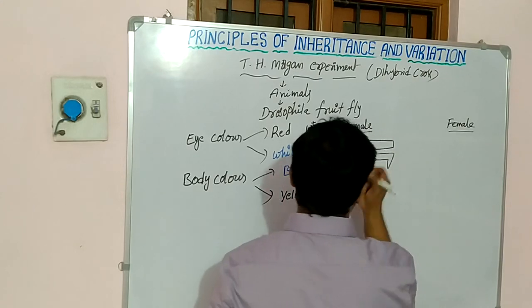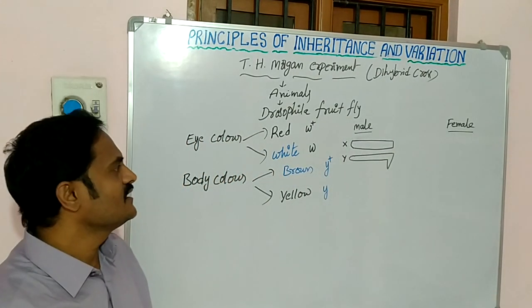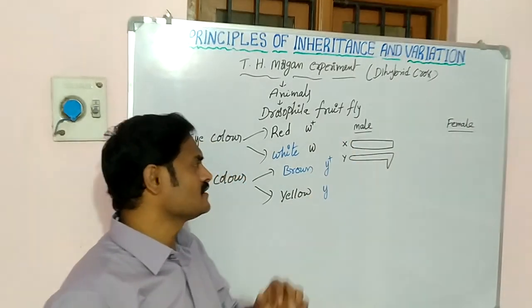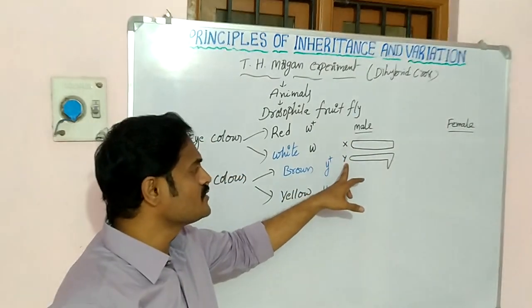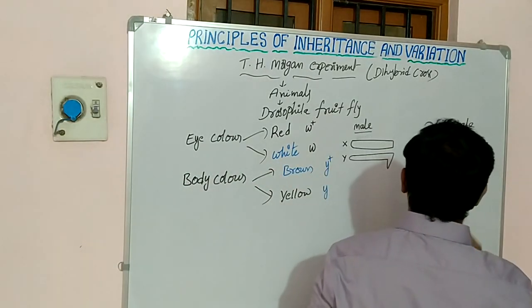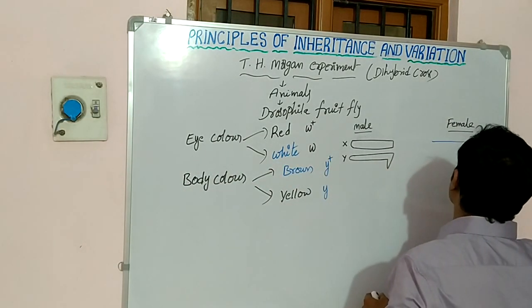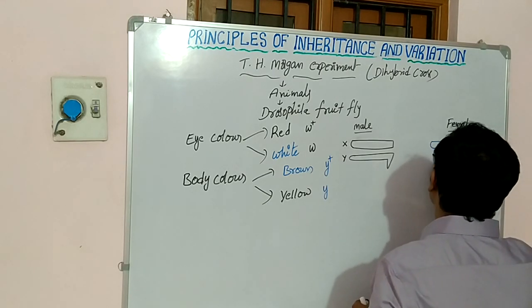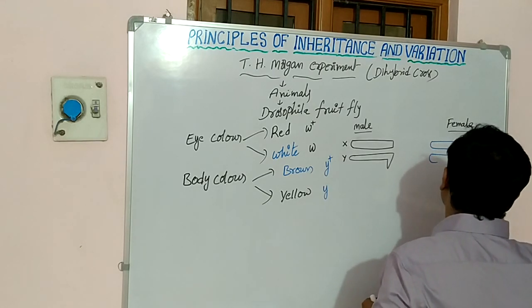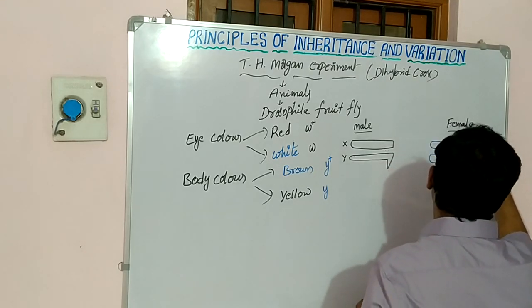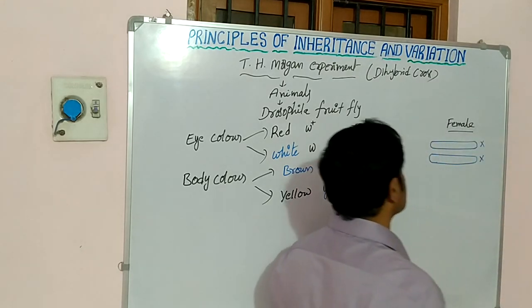So the male Drosophila cell consists of X chromosome and Y chromosome. Then the female consists of both X chromosomes, remember. So both are X chromosomes.